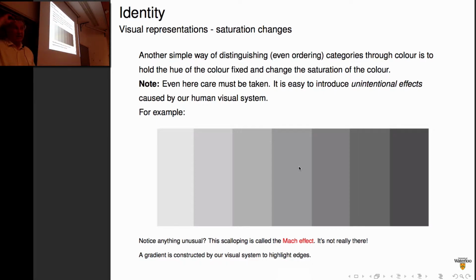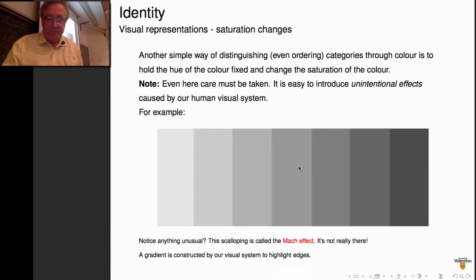And that's not there, that's entirely constructed by your visual system. Because you're trying to introduce, however, we're not sure exactly how physically, but there are lots of suggestions of how that might happen, you're trying to introduce this contrast at the border. So you're sort of lightening up one side, darkening another side, and now you've got this scalloping effect, which is not really there.